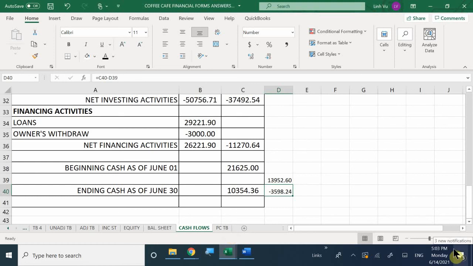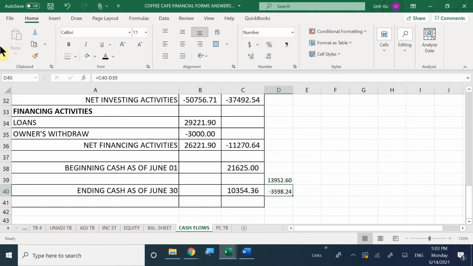Even when he did it from the very beginning, he's always had a discrepancy. So I don't know how to do it. And no matter how much research you do on it, this is exactly how you compute the statement of cash flows. So you're saying that we should have come out with the 13,952.60 to make everything equal. Is that what you're saying?